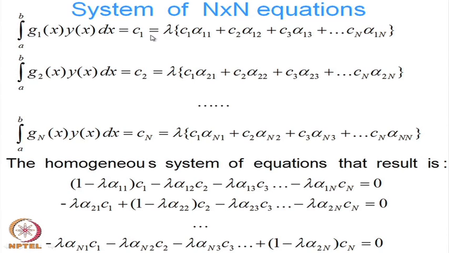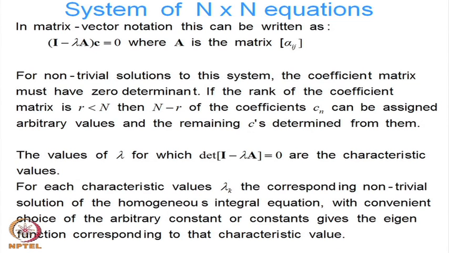So, I get 1 minus lambda alpha 11 C1, and bringing the other terms to the left hand side, I have minus lambda alpha 12 C2, minus lambda alpha 13 C3, and finally minus lambda alpha 1n C_n is equal to 0, and do it for all the equations. I get n equations in terms of my n unknowns C1 through C_n, and I also have a coefficient matrix which can be written in this form.